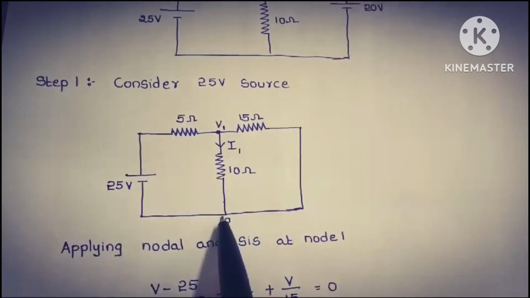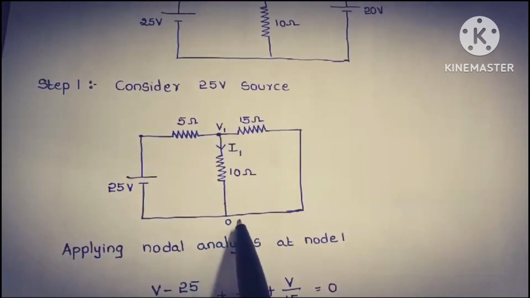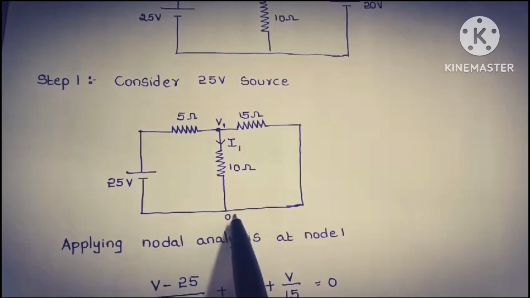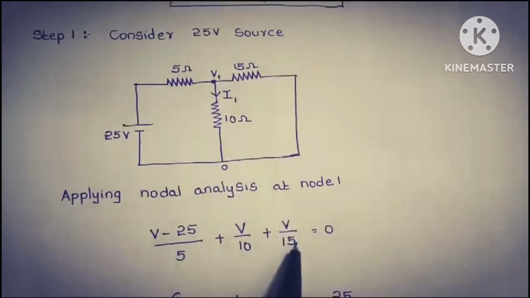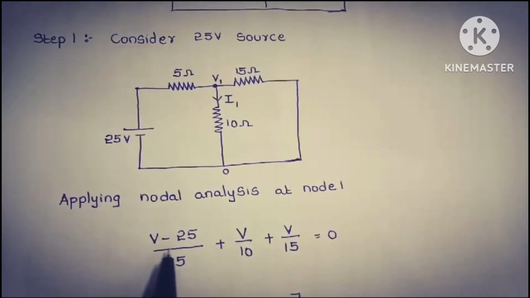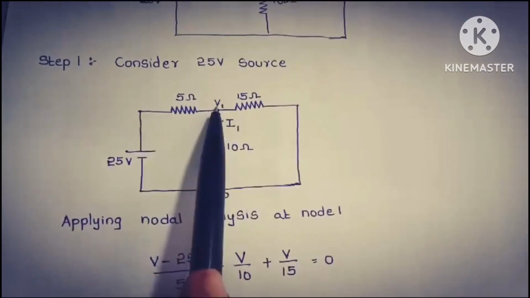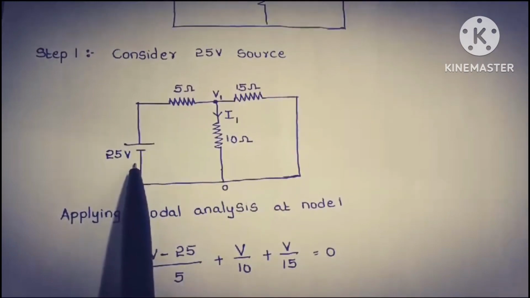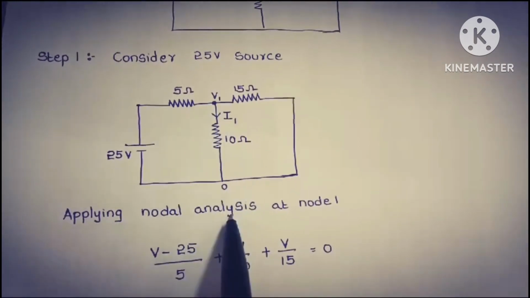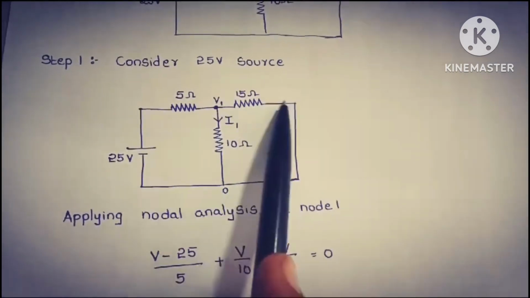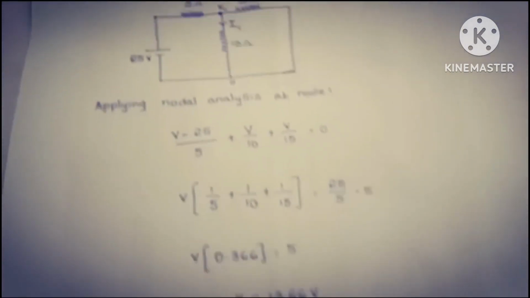This is another node. One node I am going to take as the reference node, and that voltage I am going to take as 0 volts. Now applying nodal analysis, we write the equation as (V - 25)/5 + V/10 + V/15 = 0.